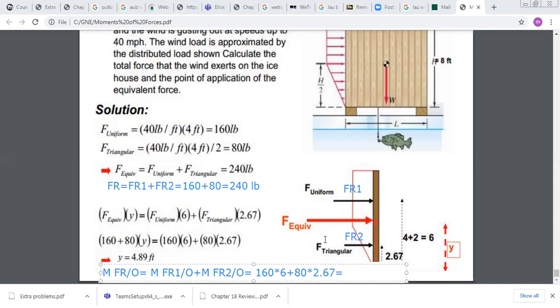This equals the moment of F resultant about O. What is the moment of F resultant about O? It's Y times F resultant, so it's 240 times the distance Y.